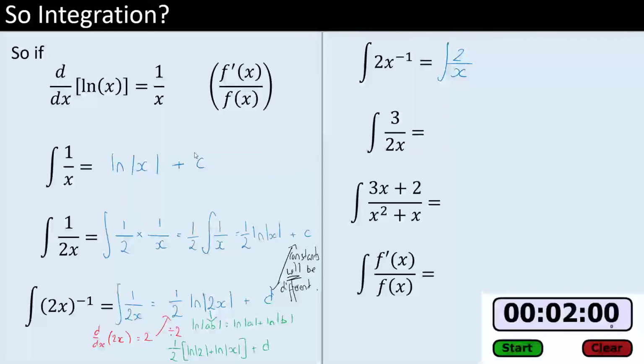Okay, so 2 over x. 2 is a constant term. We can split this up so that it is the integral of 2 times 1 over x, which is just going to be 2 lots of the integral of 1 over x. Now we know what the integral of 1 over x is, so this is going to be 2 lots of ln mod x plus c.